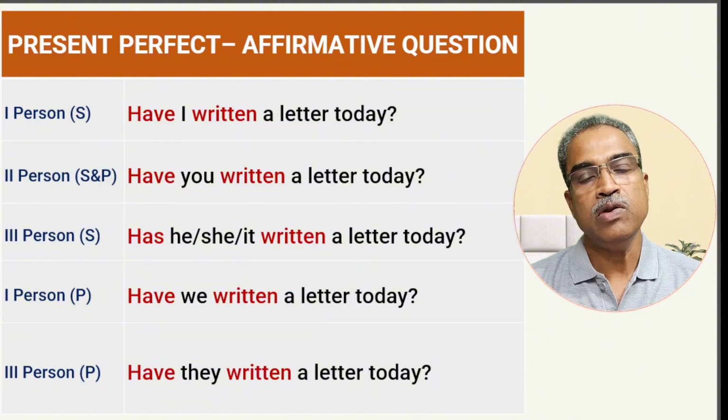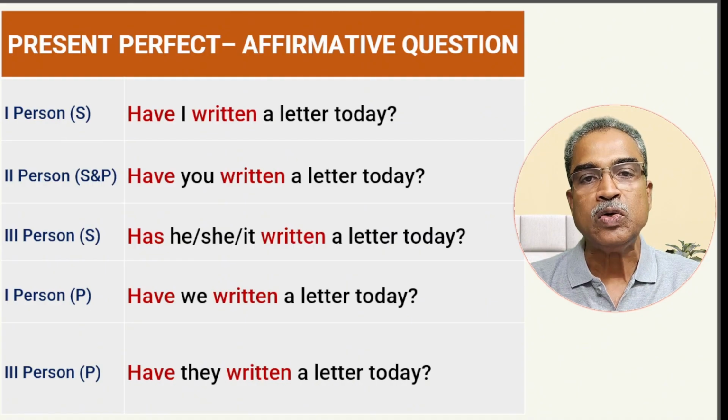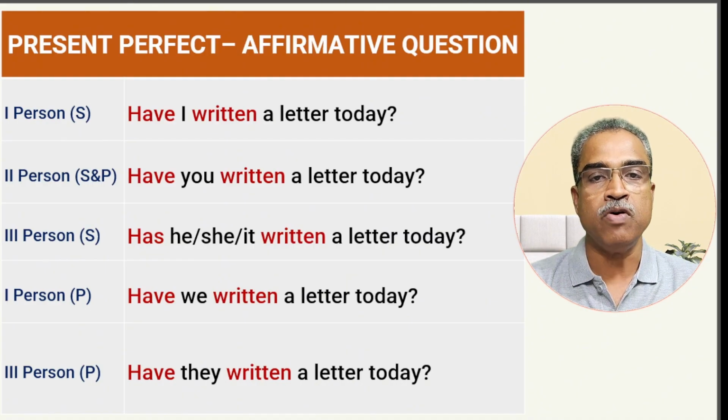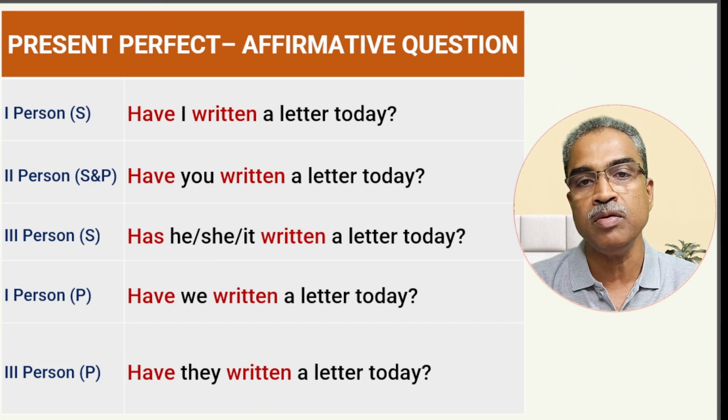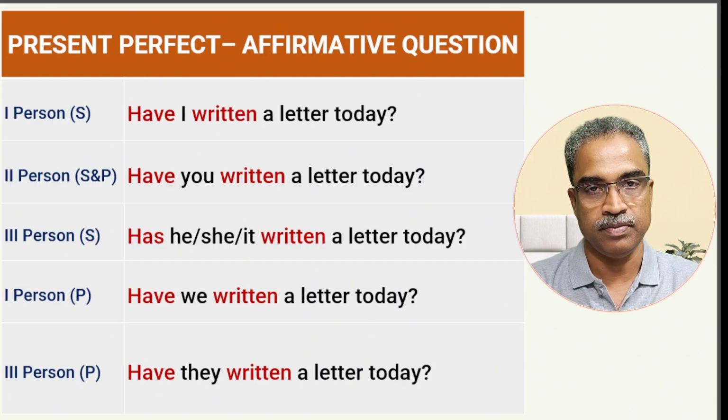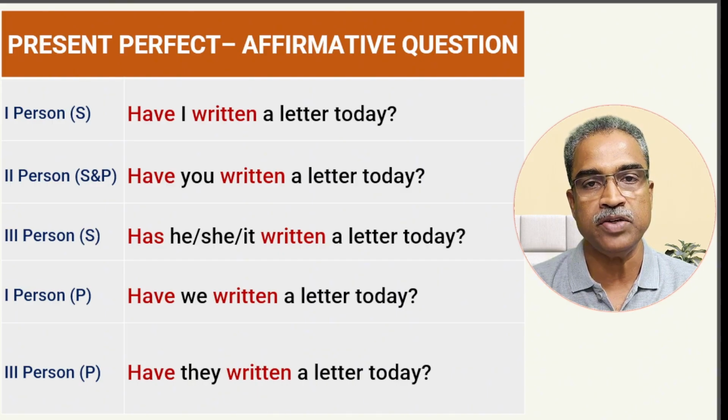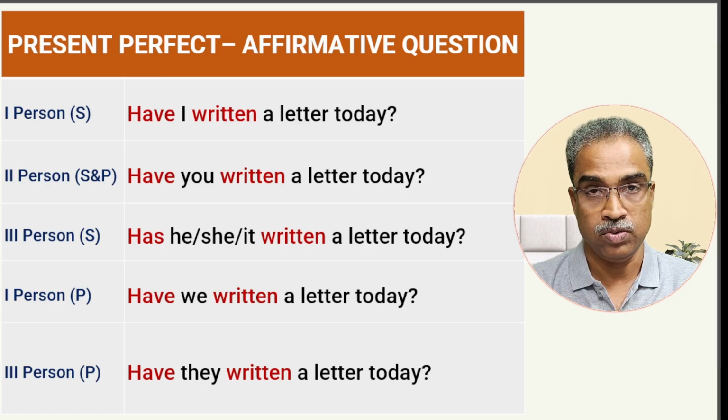Now, if you are looking for some specific information, then the question will have one more word. And that word you have to put right in front, even before the auxiliary verb. Do you understand what I am trying to tell you here? Let me give you those words. They are WH type words, like who, what, when, why, where, which, even how.